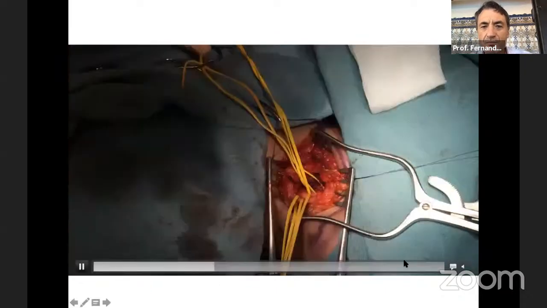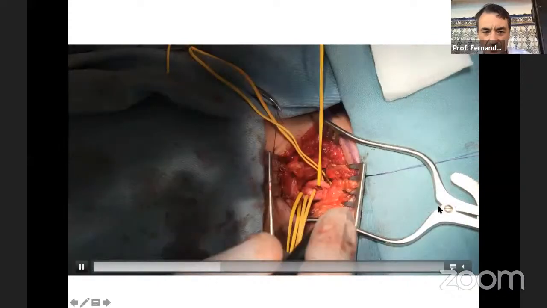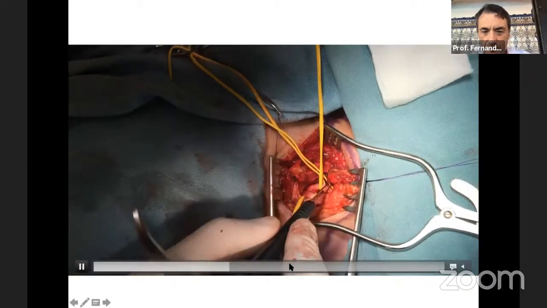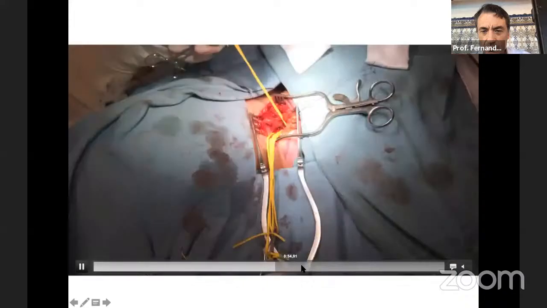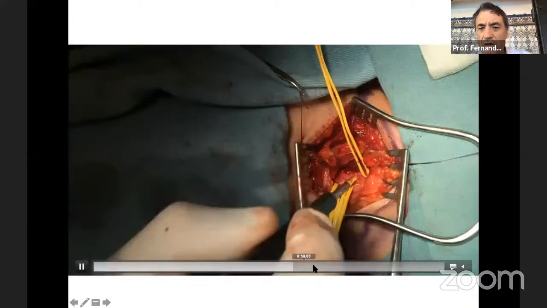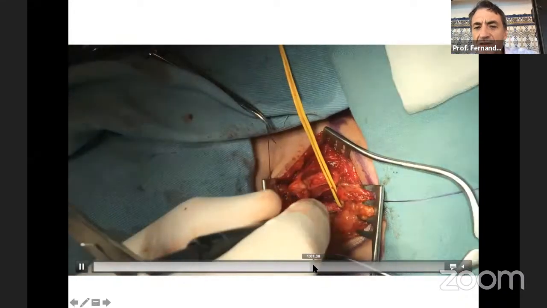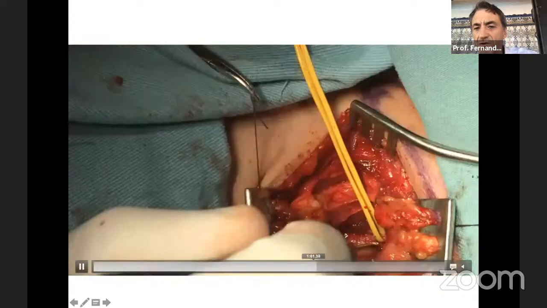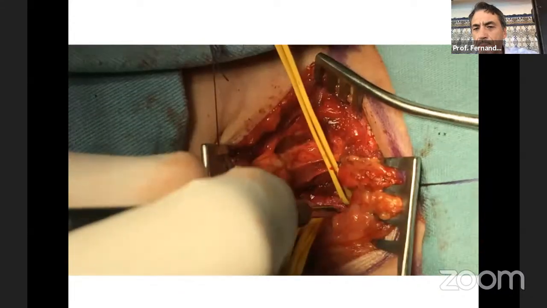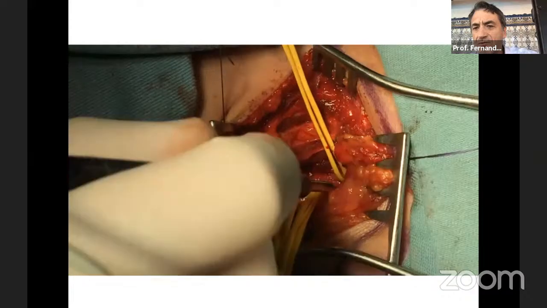And we will stimulate the lower trunks. And what we see is the flexion of the fingers. We will see this in a few seconds.